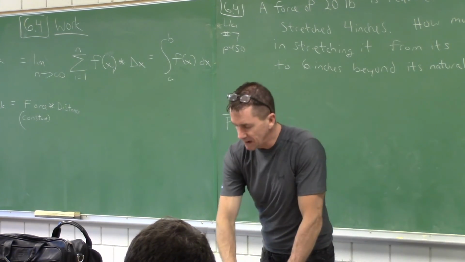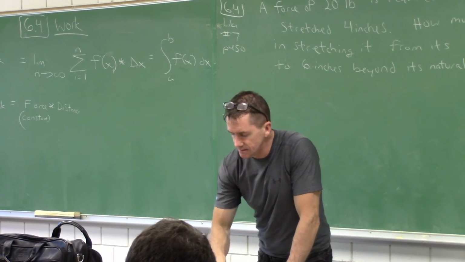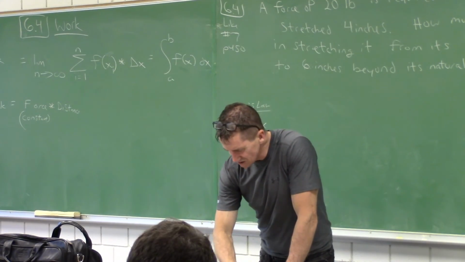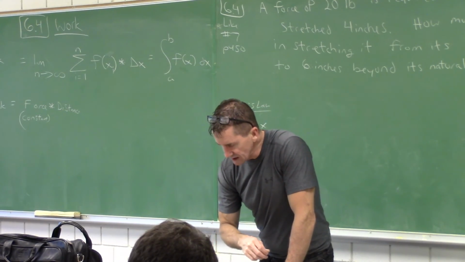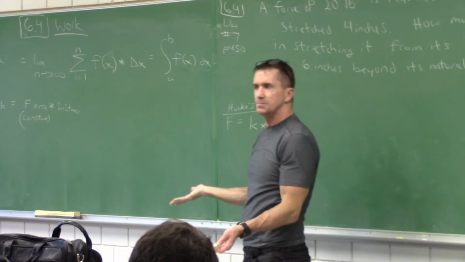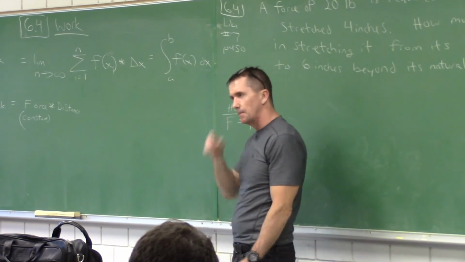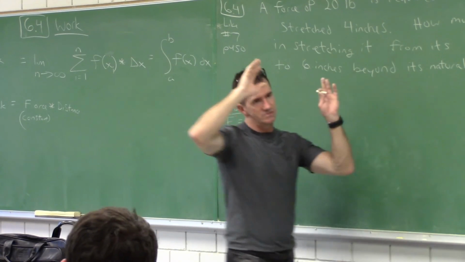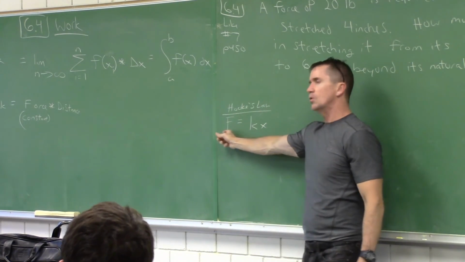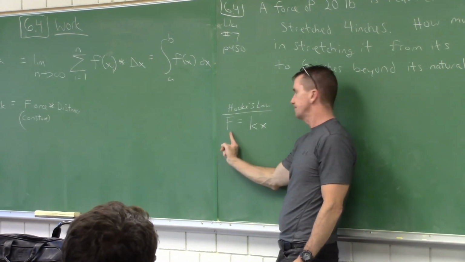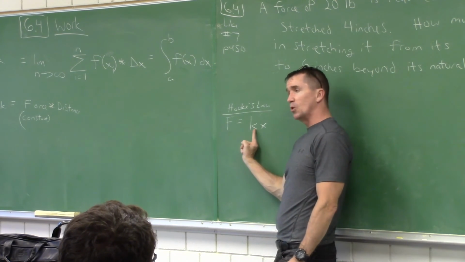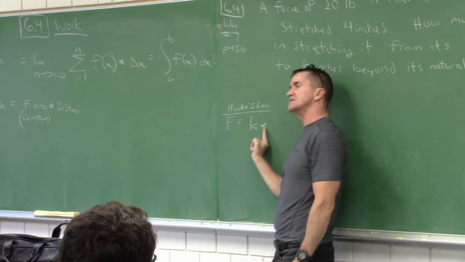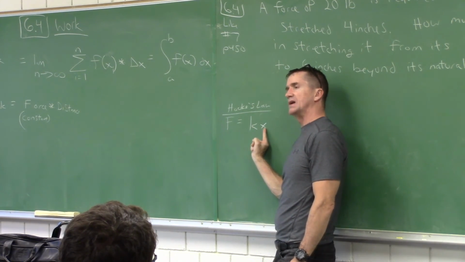If you wanted to know what page it's on in the book, everyone, it's written on page 447 in our textbook. Hooke's law is mentioned. But we need to work the problem, or any problem in this section that deals with a spring. So say it again, you go, what's Hooke's law? The force applied to a spring is proportional to the distance that the spring is stretched beyond its natural length.